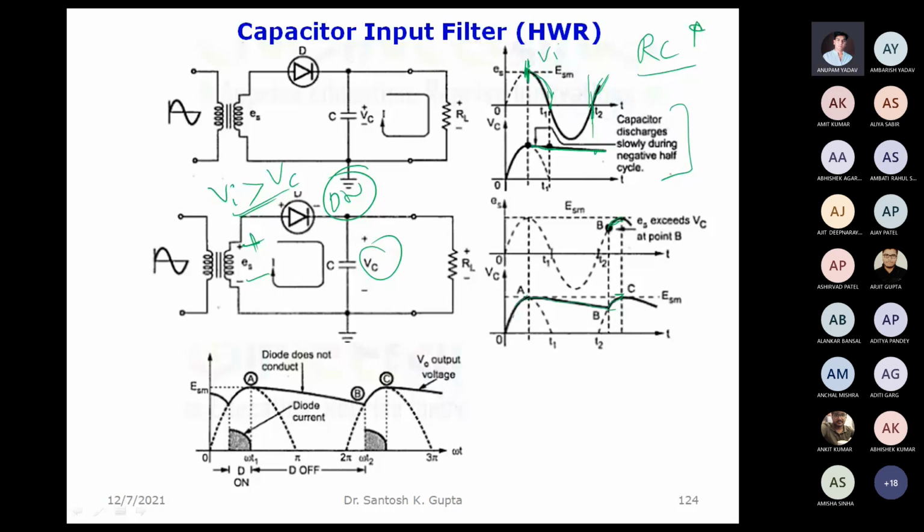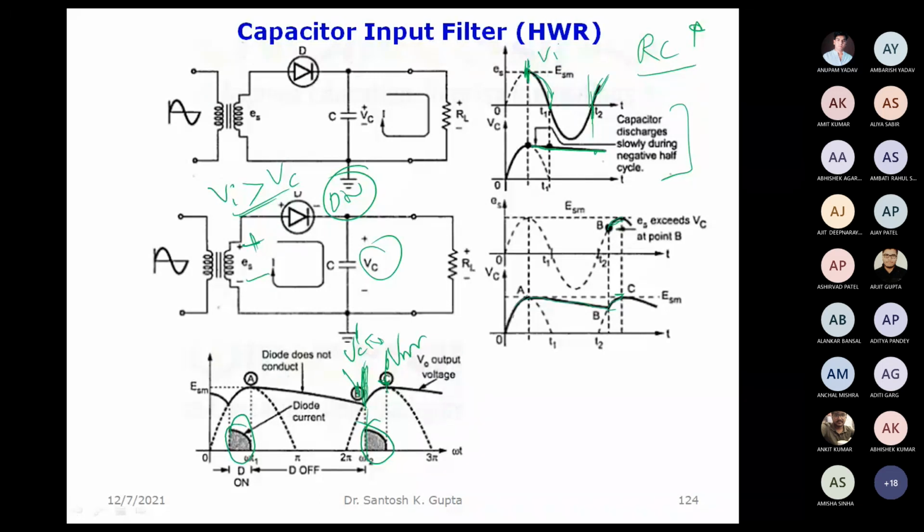The diode is going to conduct for a very small time period, the time in which the input signal goes from the discharge value of the capacitor to the peak value. Here we have the peak value Vm, and this is the discharge value of the capacitor, Vc dash, let us say. Only between these does diode current flow.